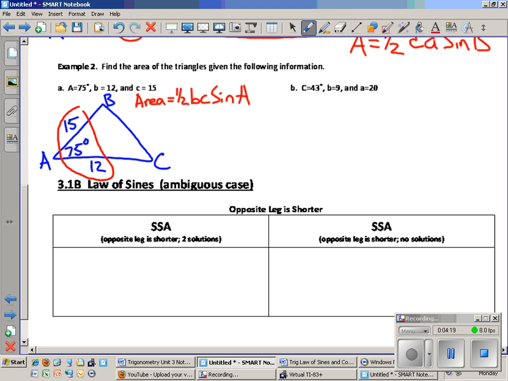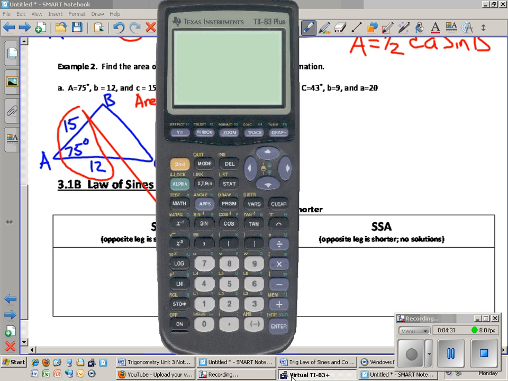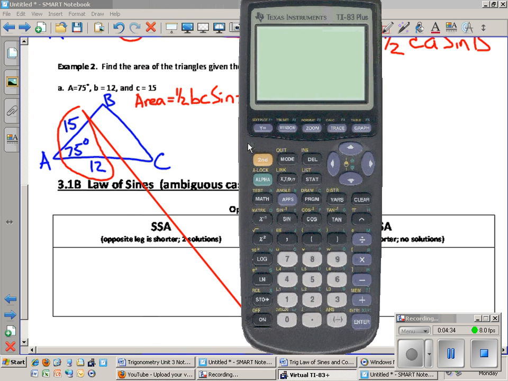If that's the case, you just plug it all in. When I say plug it all in, I just mean take out your calculator. We'll move on. 1/2, 0.5 times one side, which is 15, times the other side, which is 12, times sine of the included angle, so sine of 75.